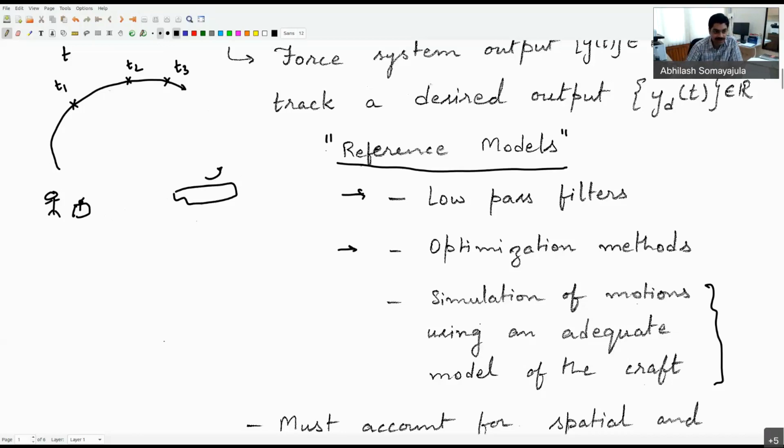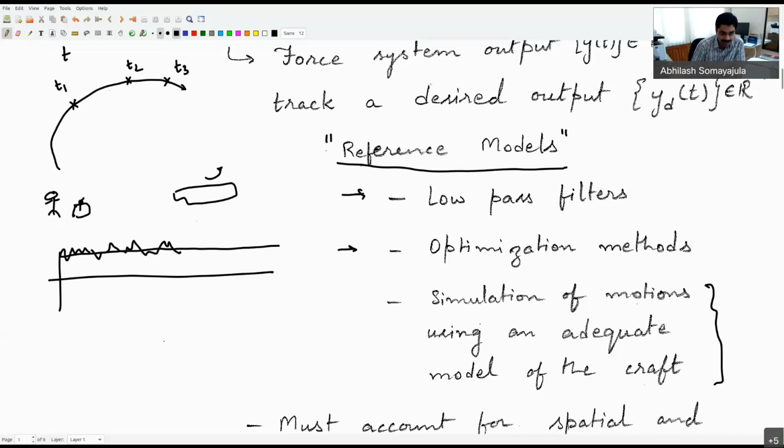Here I want to make sure that the operator is taking that so-called joystick, which is looking at the speed. You would typically expect a neat constant speed if you wanted to travel in a straight line. But when a human input is provided, it may not be as smooth, right? So you may see that this thing has significant vibrations around it.